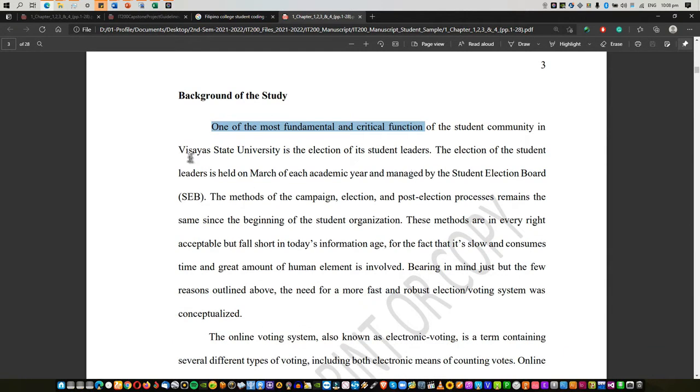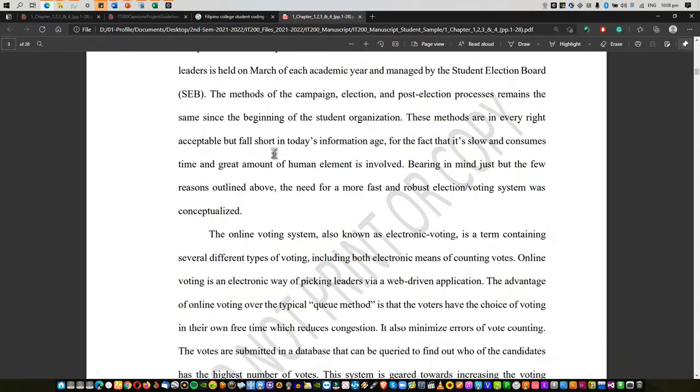Okay, and he discusses the shortcomings of the manual process being used by the organization.